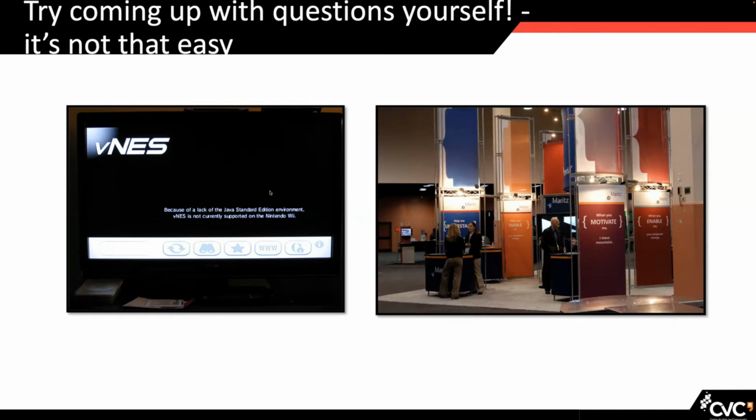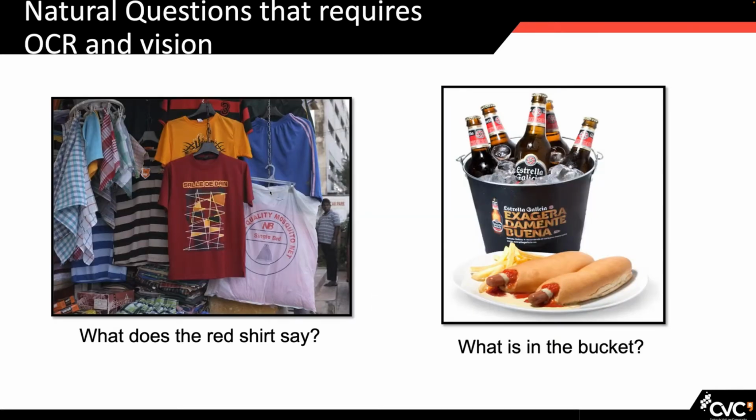It's very, very hard. The type of questions that we want is this type, when it says, what does the red t-shirt say? That means you have to actually know what is a t-shirt. You have to get the layout of the t-shirt, and then you have to know which one is red. So you need to have the color information, and then read the text and answer.